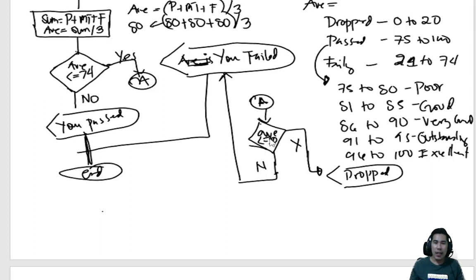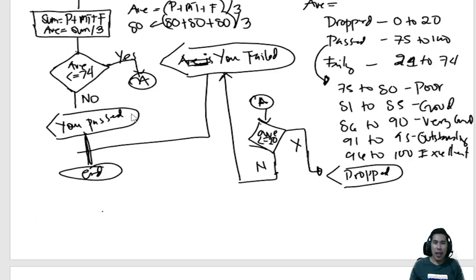If the grade does not go below 20 but is in between 74 to 21, then it's going to be labeled as failed. Okay? Do you follow? So yeah, that's the time you can use an on-page connector. For this one, passing, or you pass.